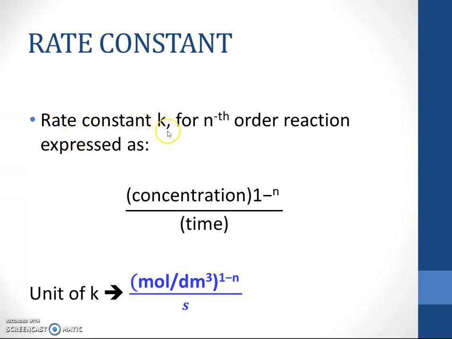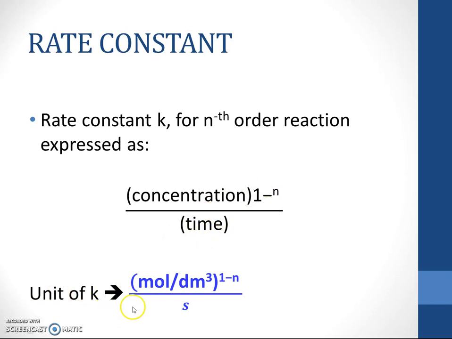The rate constant k for an nth order reaction is expressed with this unit: concentration to the power of 1 minus n over time.